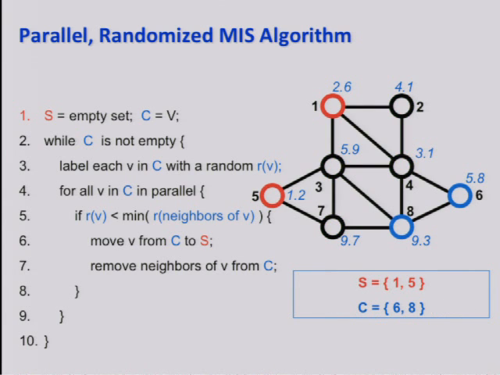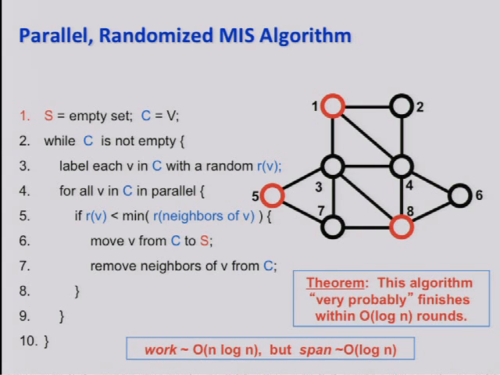So they will go to S, and both 1 and 5 and all of their neighbors will be removed from C because they can't be in the independent set anymore. Now we run this again, and we will get other random numbers for 6 and 8, and one of them will go into the independent set. That's all. And you can prove with very high probability that this will finish in log n rounds.